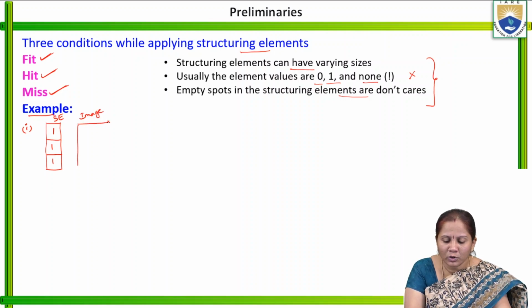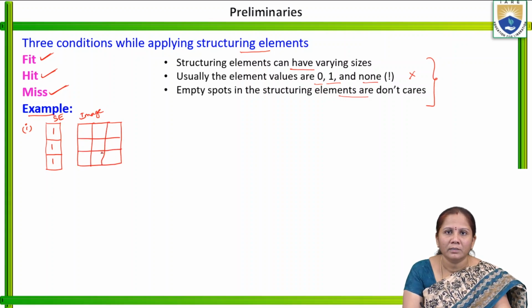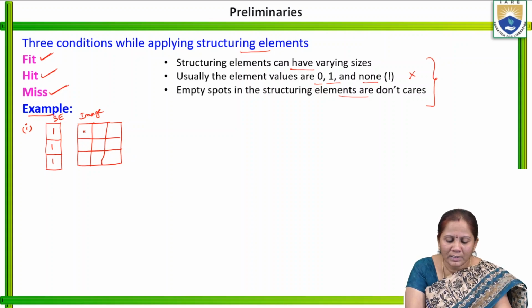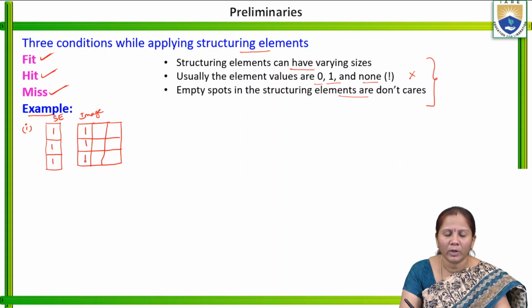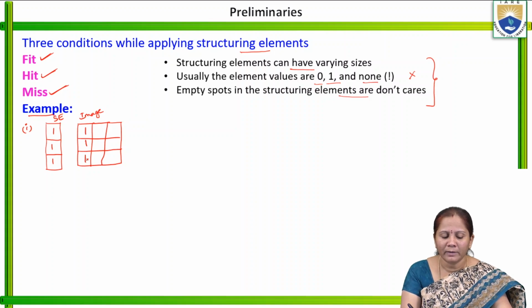Consider the size of the image is 3 by 3, with 1, 1 and 1. The remaining values of the image may also be available, but let us discuss in the simple manner.